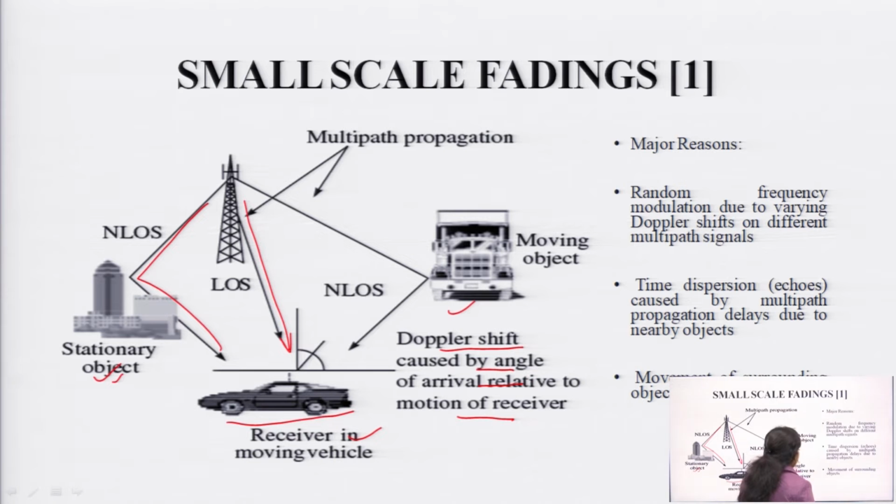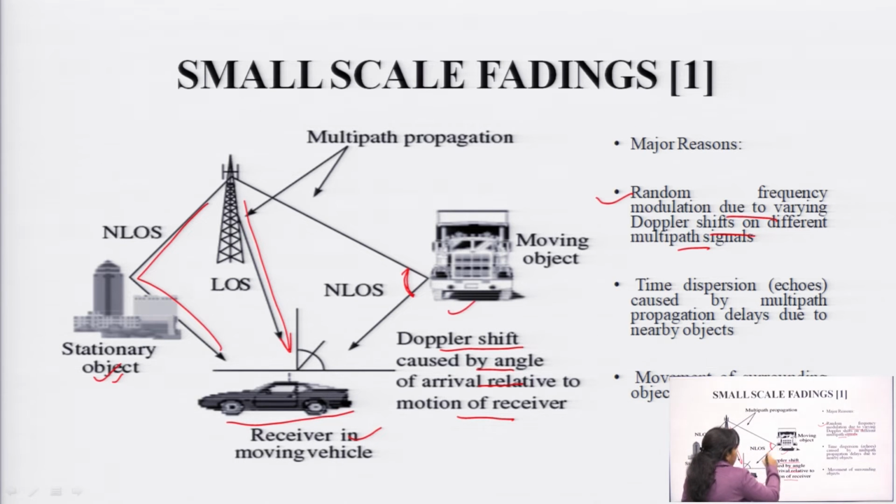The major reason for small scale fading is random frequency modulation due to varying Doppler shifts on the different multipath signals. Since the receiver is moving, the Doppler frequency that you have calculated, either by adding or subtracting, will change, because it is not stationary. Sometimes the signal will be received at 90 degrees, then at 180 degrees, then at 270 degrees.